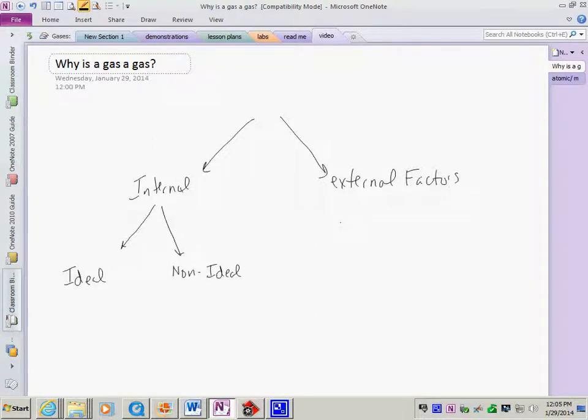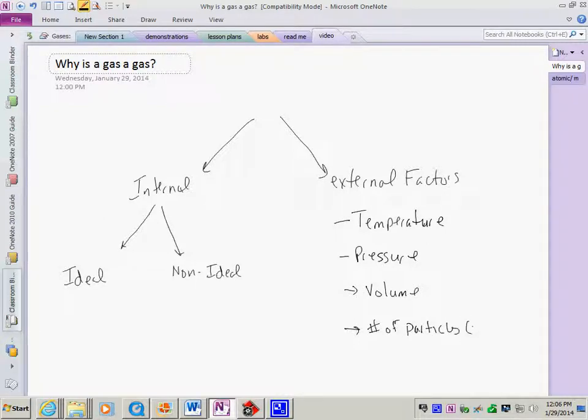So as far as variables, now external variables, there are a few more things we can adjust here. One is, of course, temperature. We have pressure. Now, unique to gases, unlike solids and liquids, they can be compressed. So the volume is something we can control. And frankly, just the number of particles makes a difference.